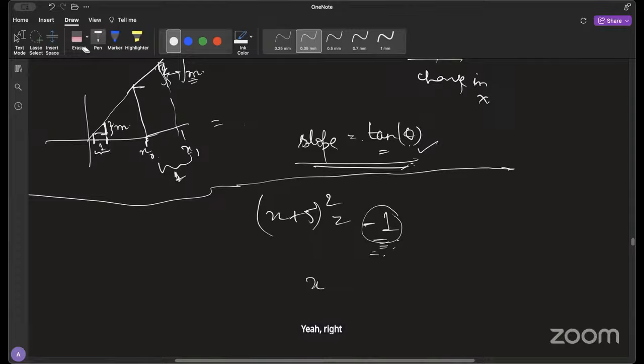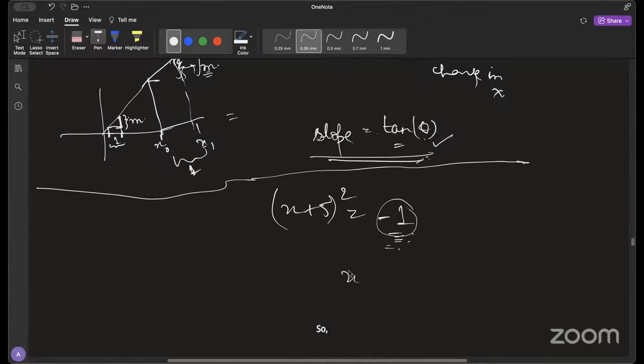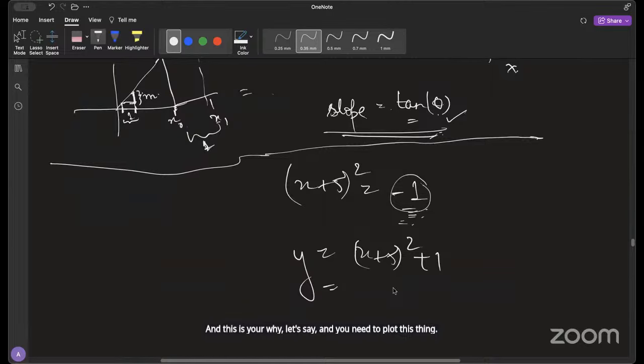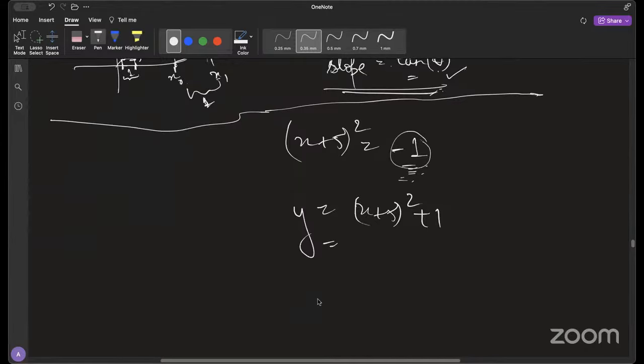This means that if you put any x, you wouldn't get a solution. If you take this thing and this is your y, and you need to plot this, its graph will look like the vertex is at (-5, 1).